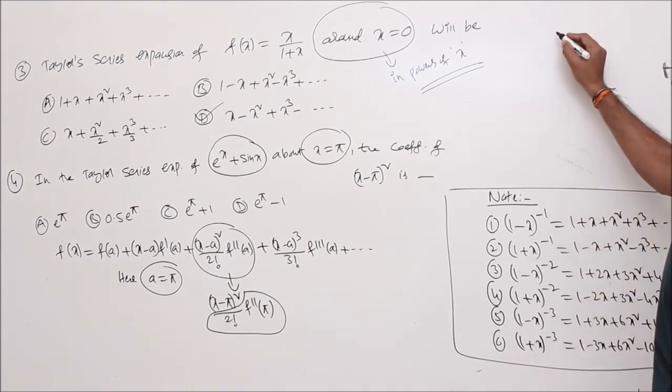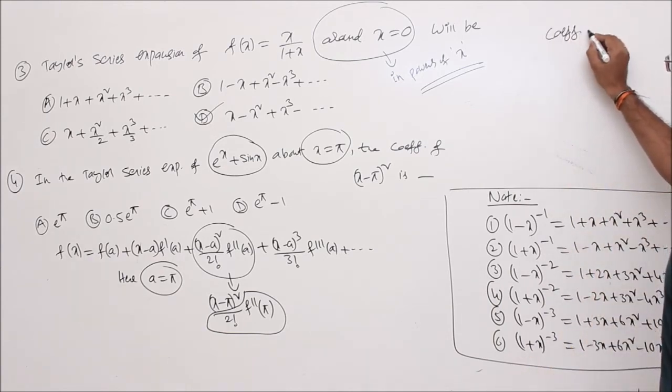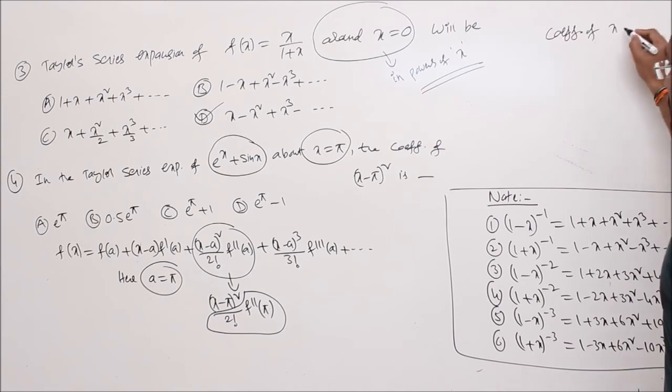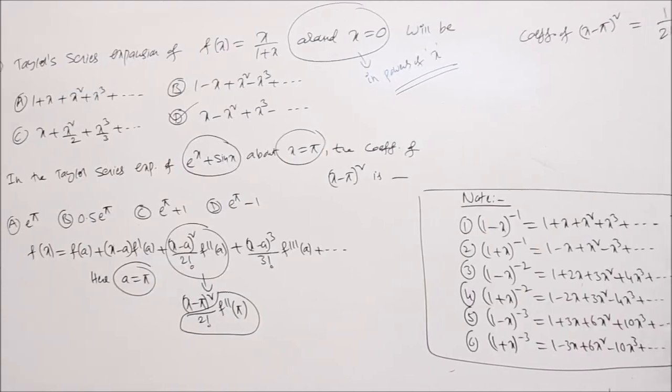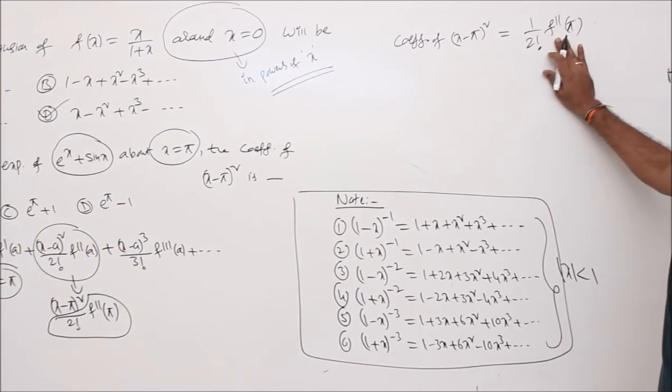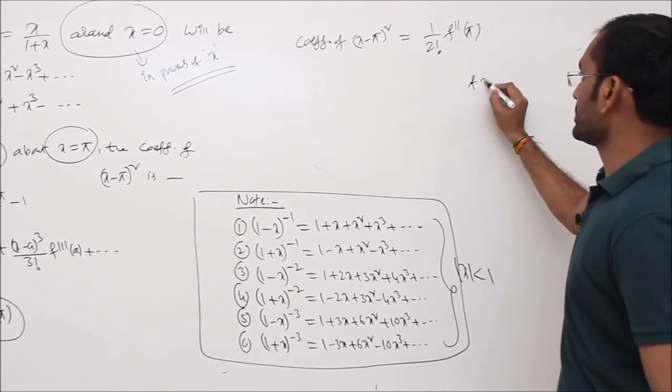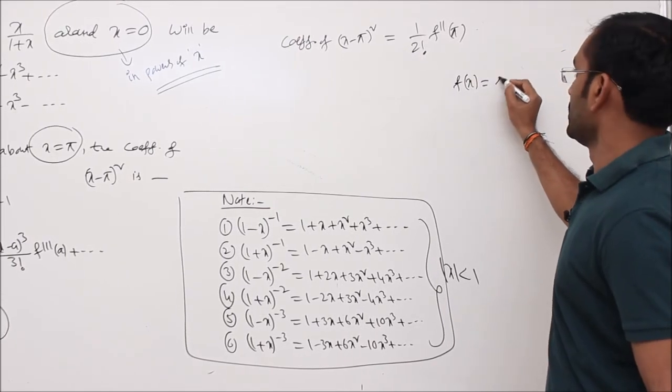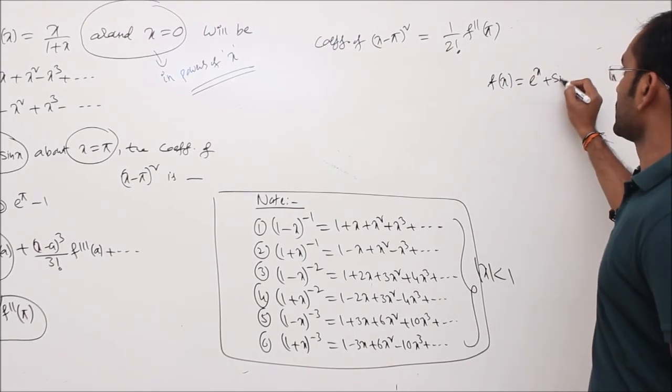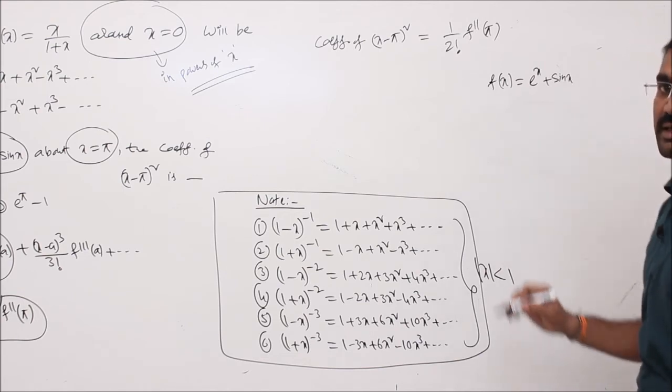Here the coefficient of x minus pi whole square is 1 by 2 factorial into f double dash of pi. To find this f double dash of pi, what is the given f of x here? Given f of x is a function e power x plus sin x. Find first derivative and second derivative.